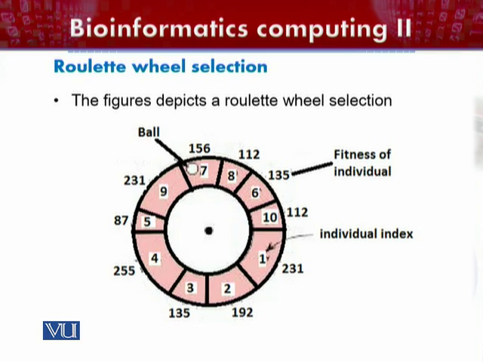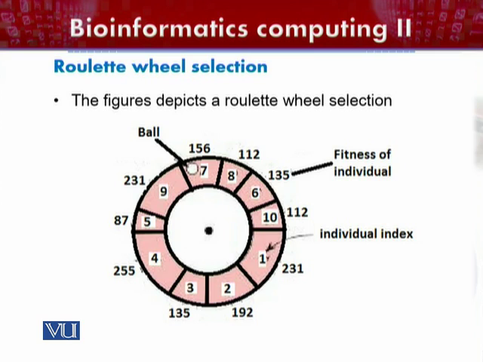Roulette-wheel selection is based upon a biased game, the roulette game. In this method, a roulette wheel is designed having n number of pockets, and the number of pockets is proportional to the number of individuals in that population. The area of each pocket is proportional to the fitness of the individual.